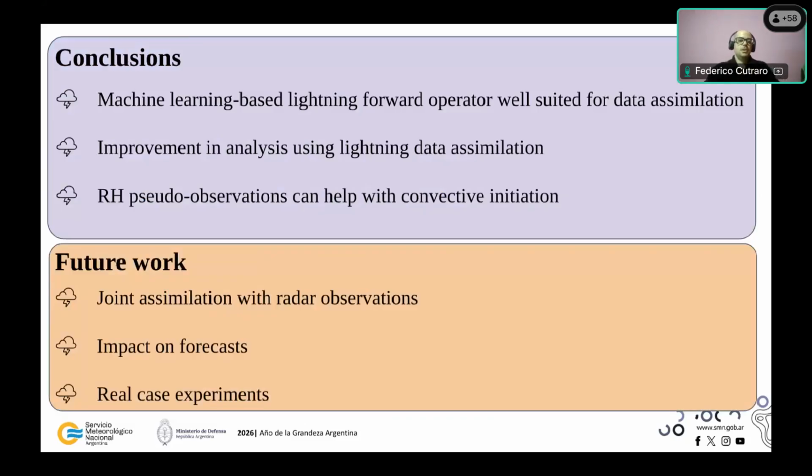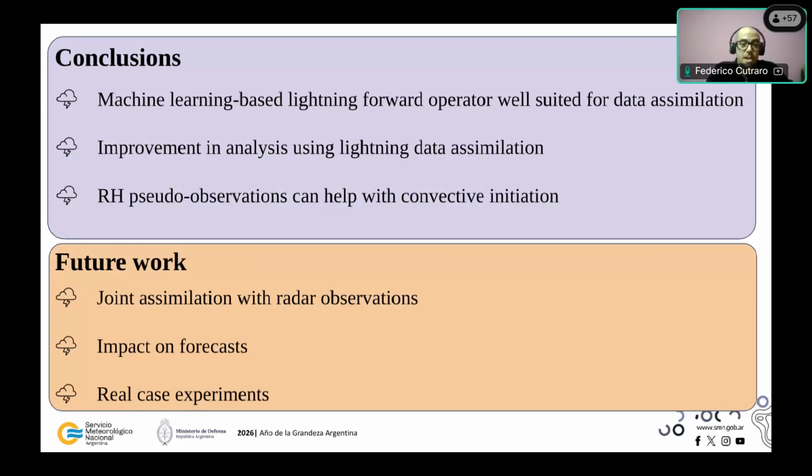To sum up, we see that the machine learning algorithm proposed as a forward operator is well suited for data assimilation.